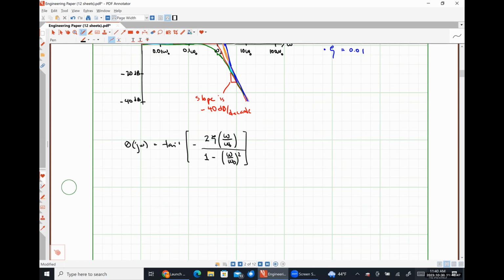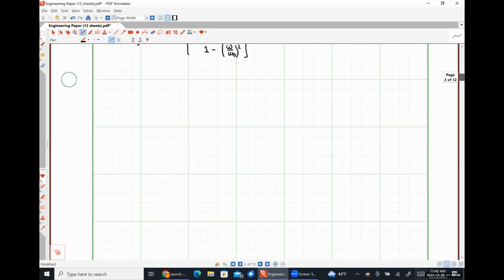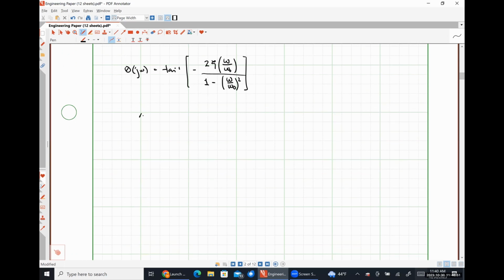So we should see, when we plot this out, let's put positive 180 here, 90 here, 0 here, negative 90 here, negative 180 degrees here.